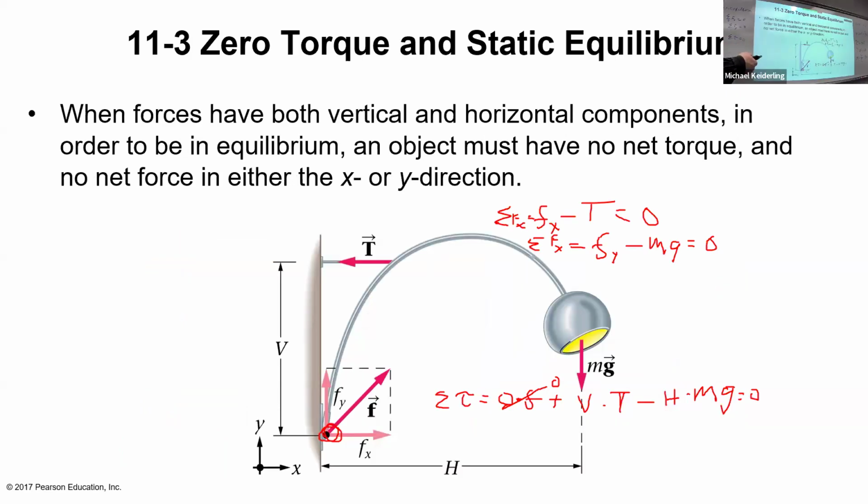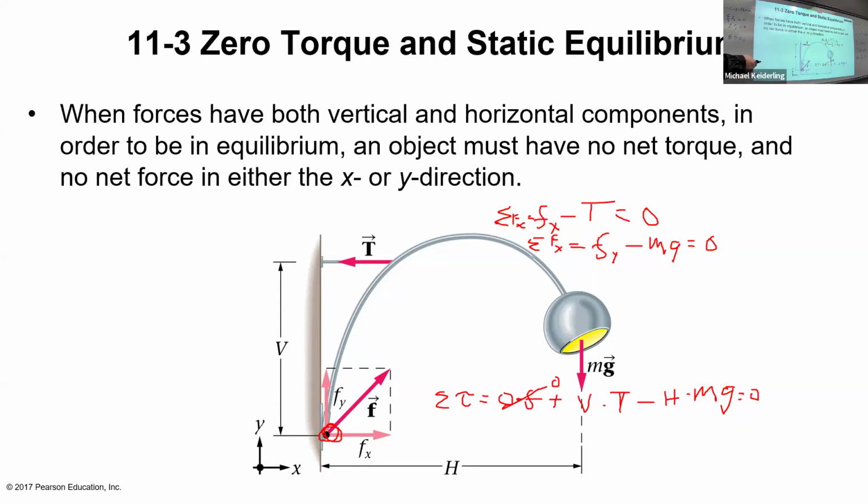If you have both horizontal and vertical components, in order to be in equilibrium, an object has to have no net torque and no net force in both the x and y direction. So for this, you have some tension here, and some mass at the end pulling back. I would set my axis down here because the force has both an x component and a y component, and I can make them basically go away by choosing here.